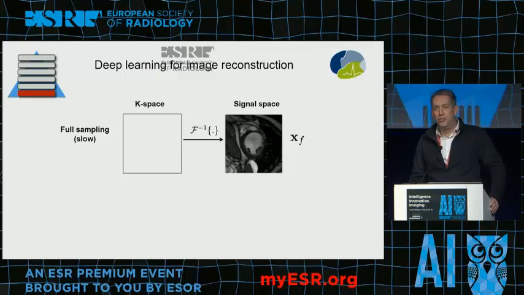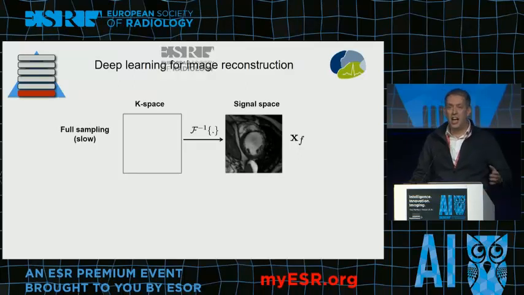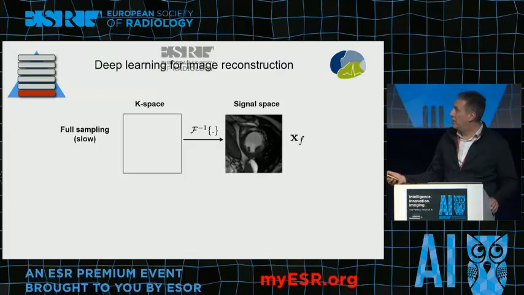If you are familiar with MRI imaging and how MRI images are acquired, you probably know that we acquire the image in a domain called k-space. Then we apply a Fourier transform to the k-space data, and we can reconstruct the image.